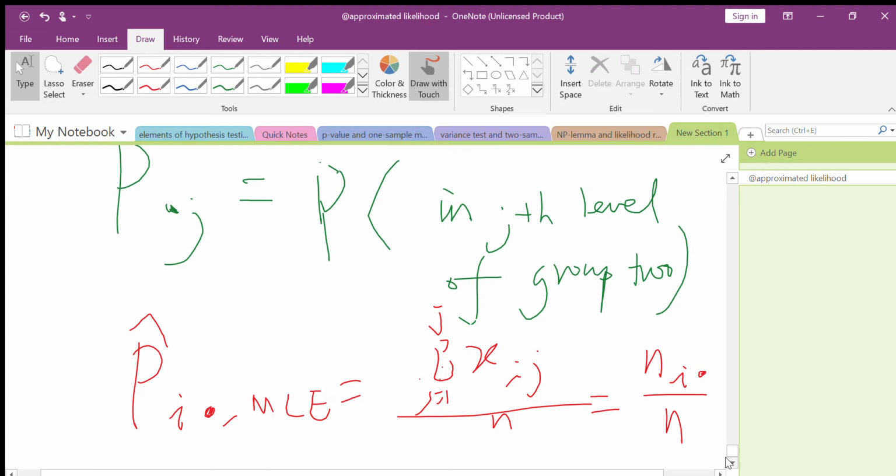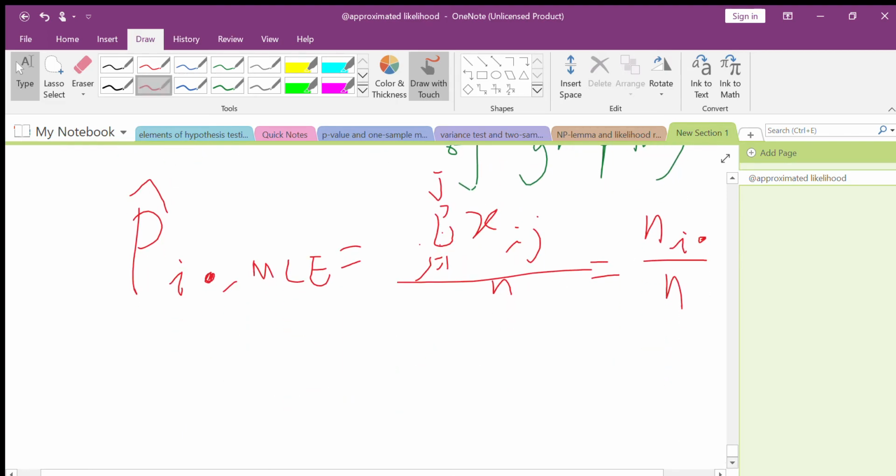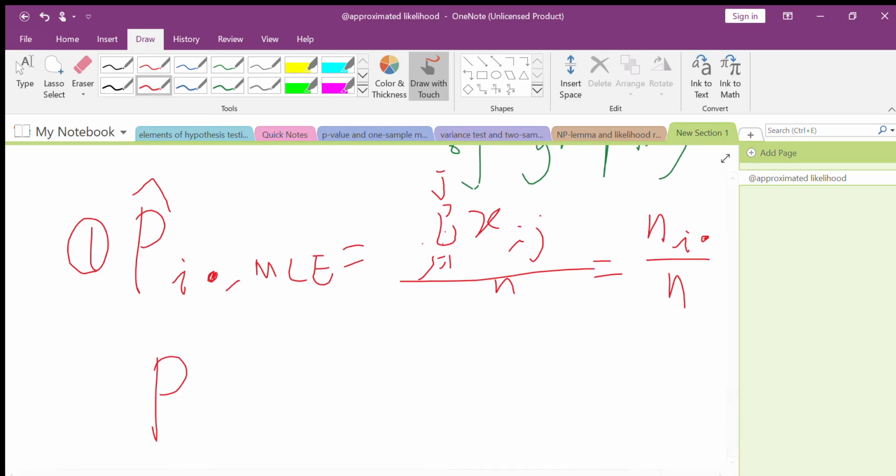So we apply the principle of maximum likelihood. We have pi dot MLE hat, and p dot j MLE hat, which I have also done many times.